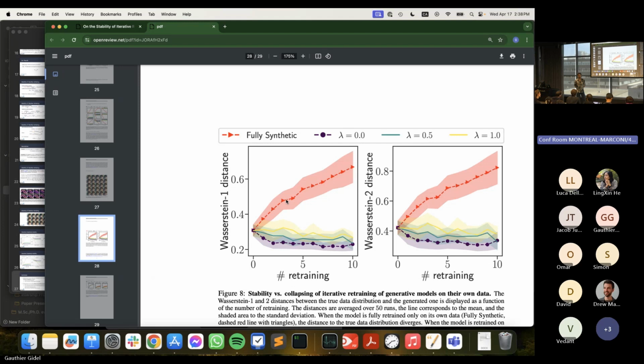Oh yeah. When you do iterative retraining on a mixture of Gaussians, I think if I remember correctly, they keep their own mode, but the variance is going to 0. Unless you're very, very, very unlucky. Because you sample each of the Gaussians with probability 1/2.